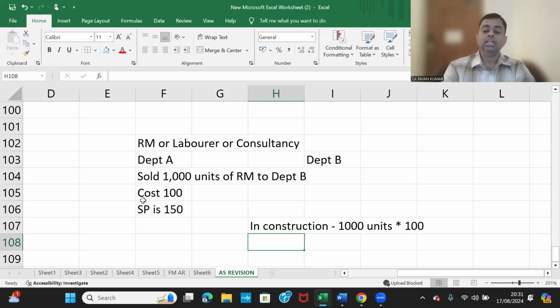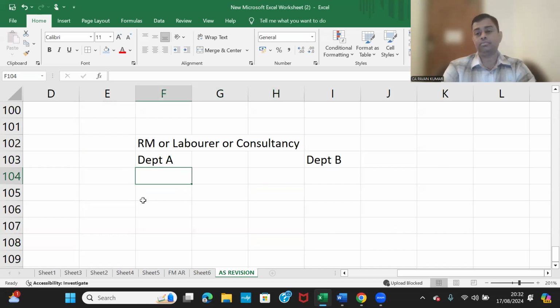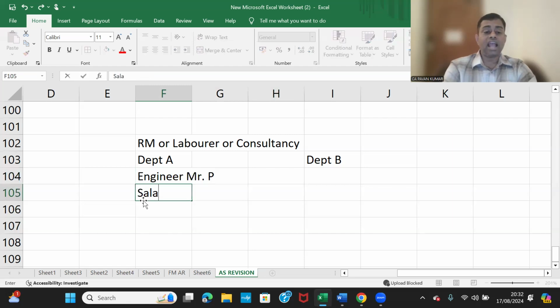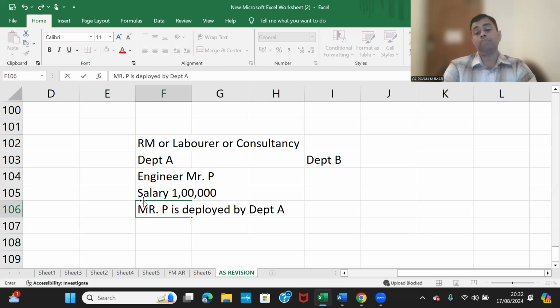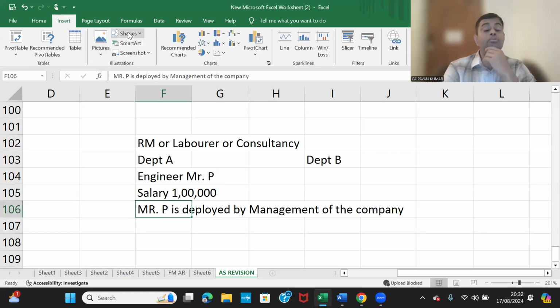How can you? Similarly, Department A has one very nice engineer, Mr. P. His actual salary is 1 lakh. So Mr. P is deployed by the management of the company. From tomorrow, he is not working in Department A. This Mr. P will work in Department B from tomorrow onwards.